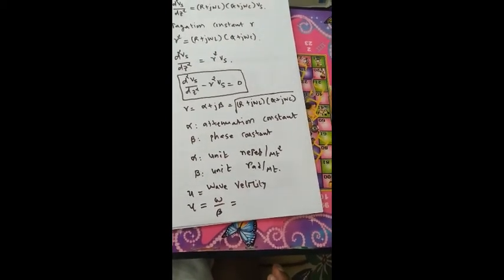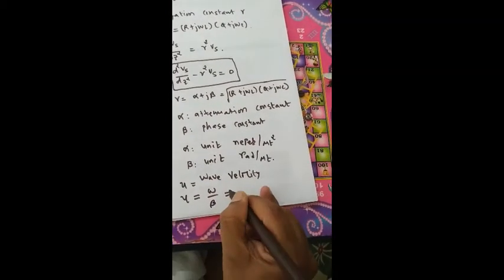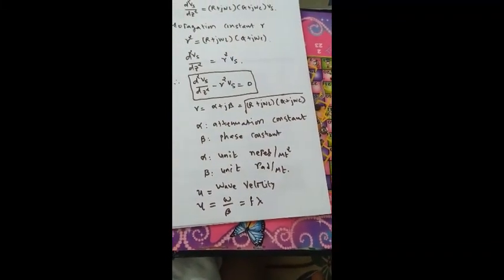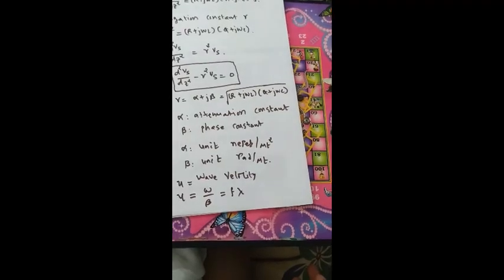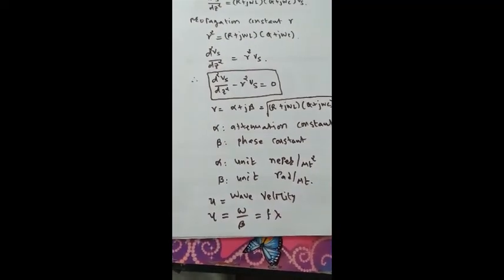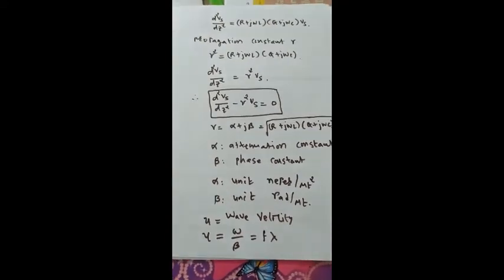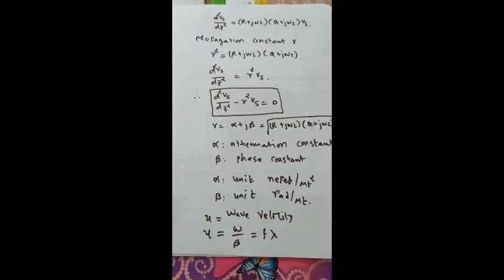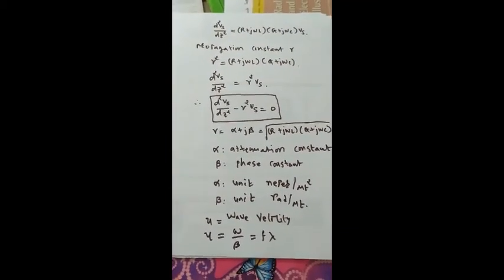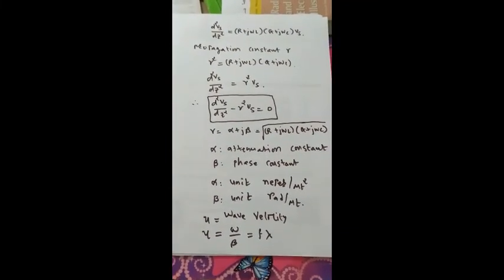And the same wave velocity can be expressed as f into lambda, where f is the operating frequency and lambda is the wavelength. So this way we have seen two important parameters. One is called the propagation constant and the second one is called the wave velocity of a transmission line.